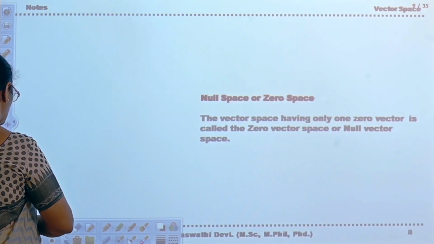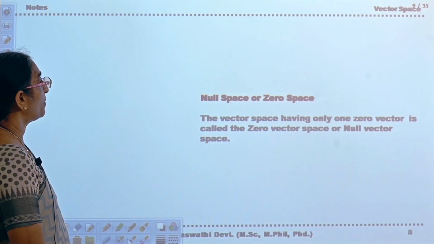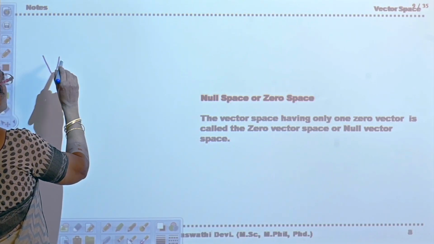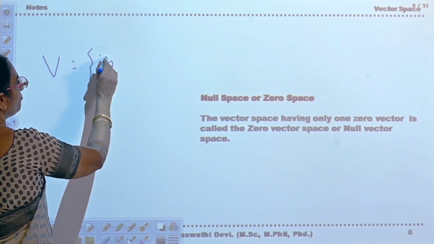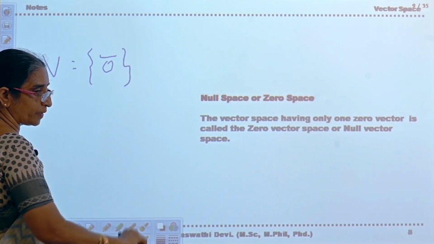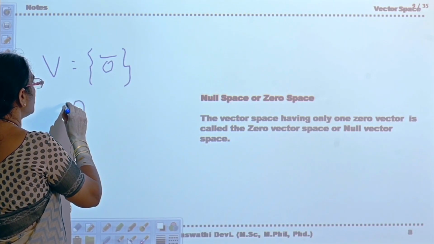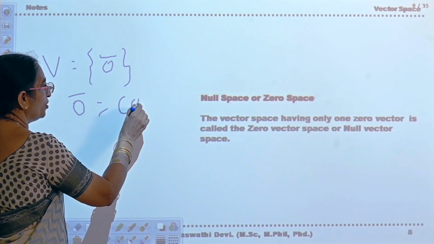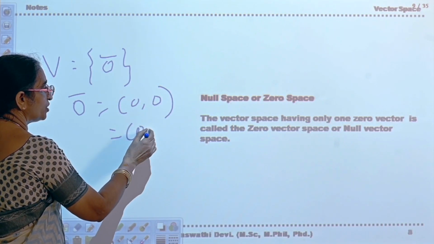Now we will see null space or zero space. Suppose V is the set of vectors containing only one vector, that also 0 bar. 0 bar means if it is a two-dimensional vector, then it will be equal to (0, 0). If it is a three-dimensional vector, it will be equal to (0, 0, 0).